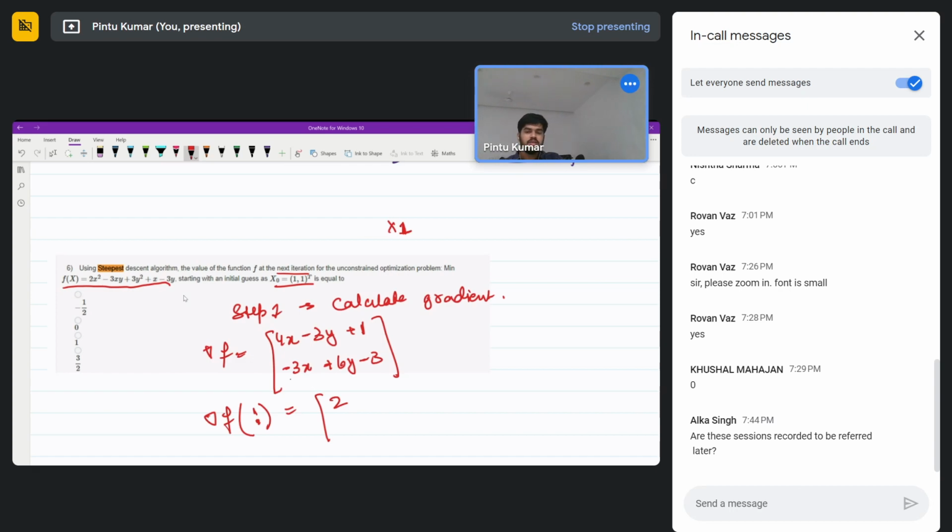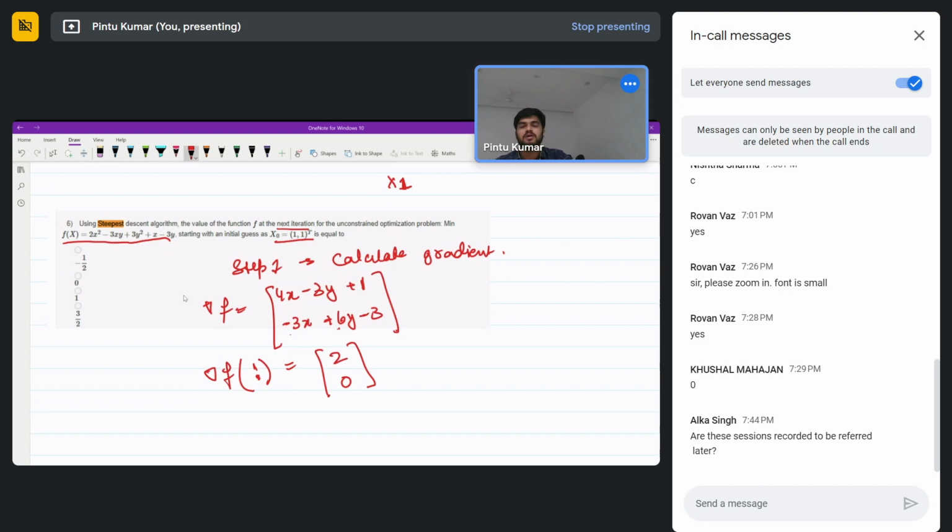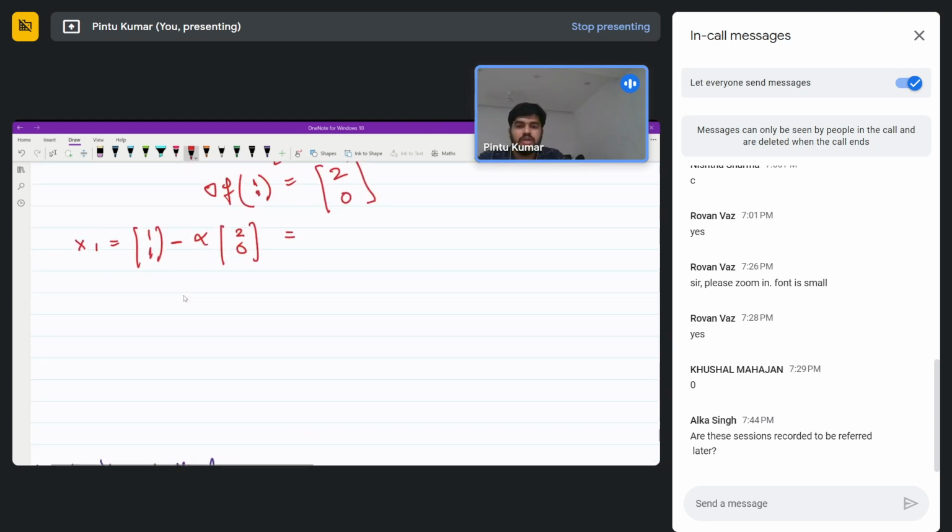Minus 3 plus 6, this is 3 minus 3, which is 0. So this is the direction that we got. Now my x1 is (1, 1) minus some alpha times (2, 0). So this would be (1 minus 2 alpha, 1).